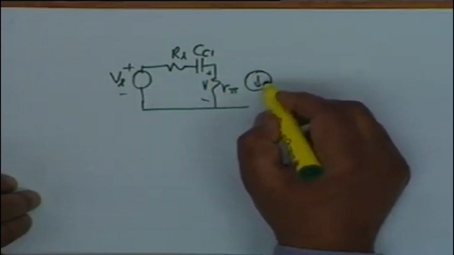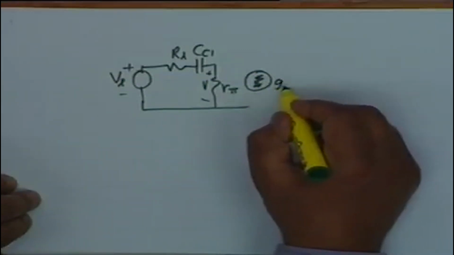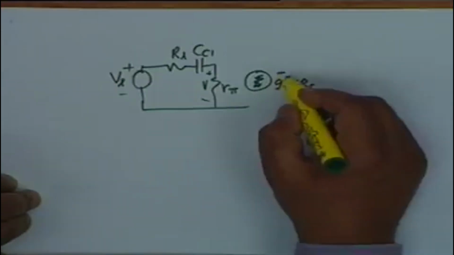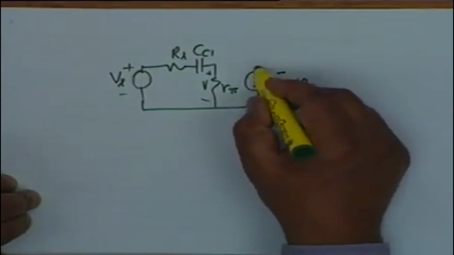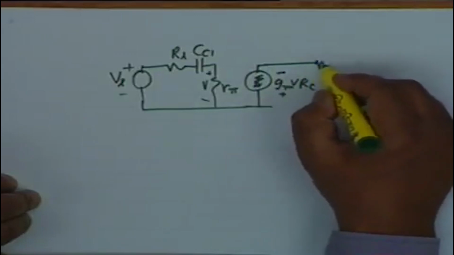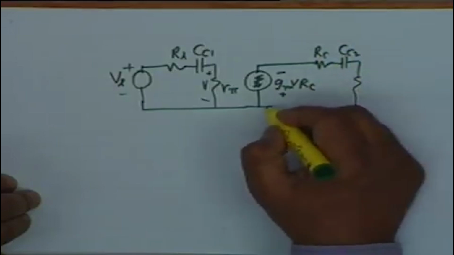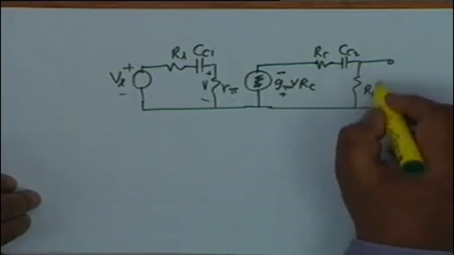Then you have, no, I am sorry, gm V RC, this is a voltage generator now with this polarity minus plus, and RC, CC2, RL, and this is V0.